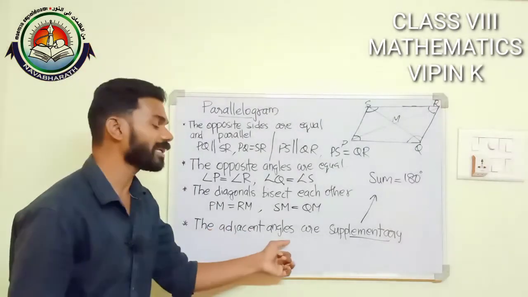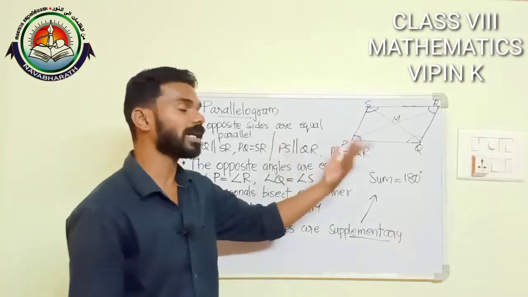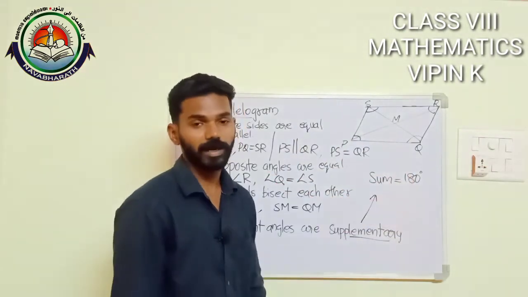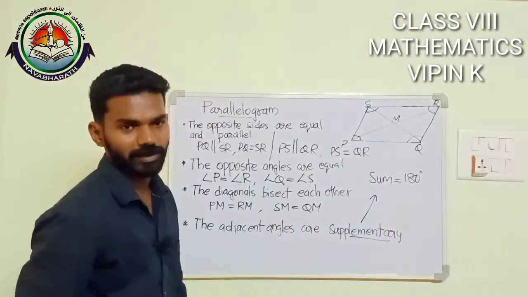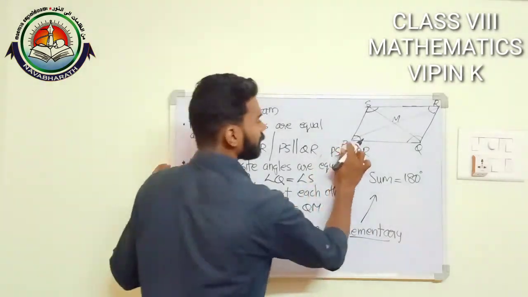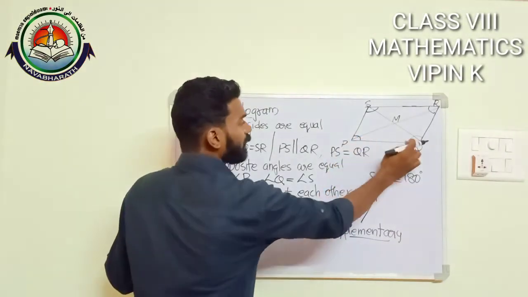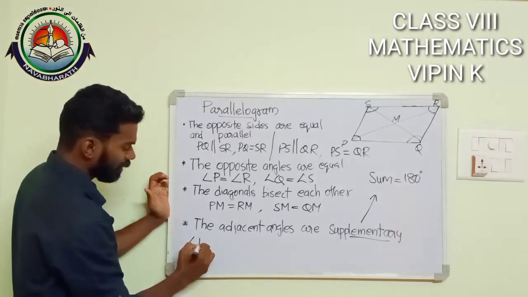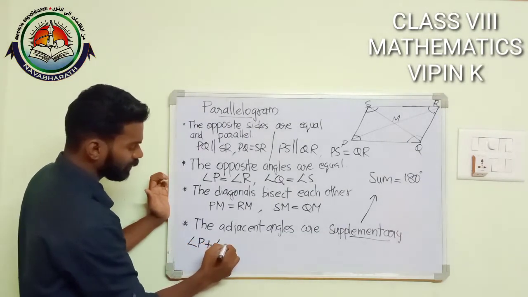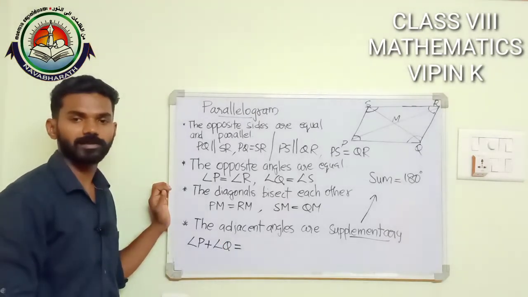The adjacent angles are supplementary, which means the sum of the adjacent angles would be 180 degrees. Consider one pair of adjacent angles here. Consider this side PQ, the adjacent angles are angle P and angle Q.